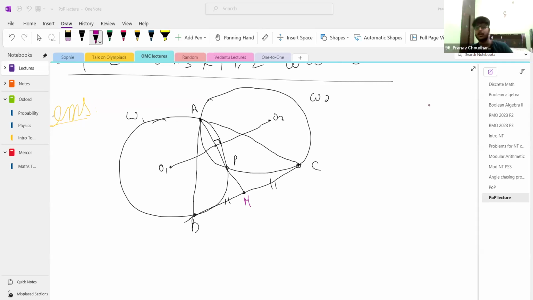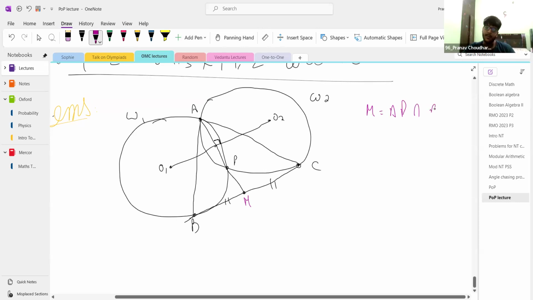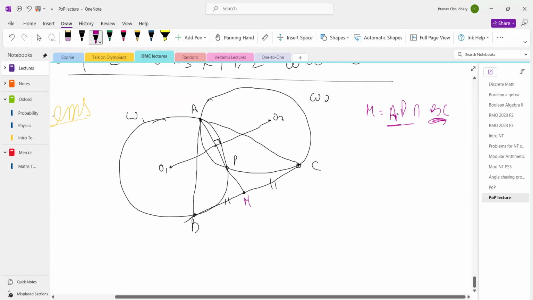What else does M lie on? M is on AP. Yes. So we have M equals AP intersect BC. We have interpreted why lying on BC is good. Why on AP? Is there anything nice about AP?